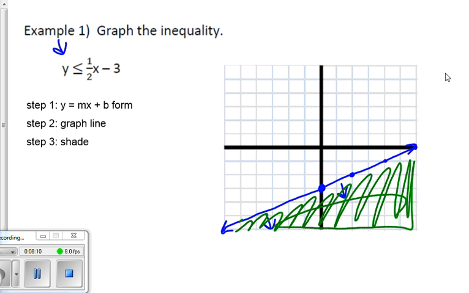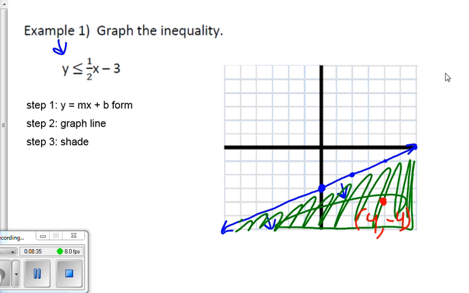Let's go to the point 4, negative 4. So 1, 2, 3, 4, down 1, 2, 3, 4 would be this point right here, 4, negative 4. Now, that's in the shaded region, so what that means is this point should make our inequality true if we plug in these values for x and y.